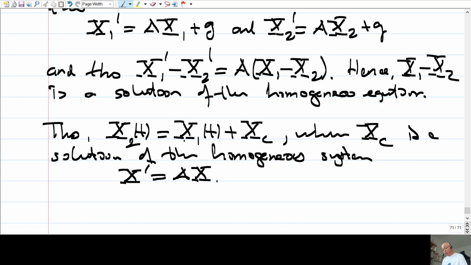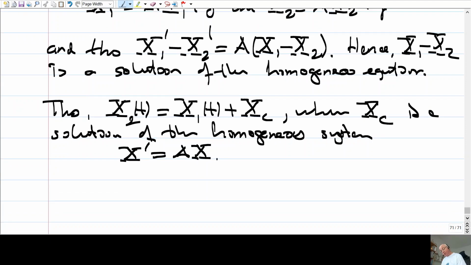x1 is a solution of the non-homogeneous system. x2 is any other solution of the non-homogeneous system, and we see that in that case any solution is written as the sum of a particular solution of the system plus a solution of the homogeneous equation.